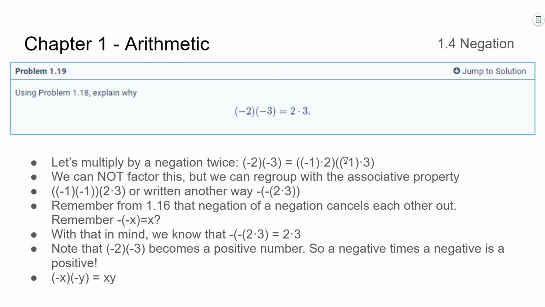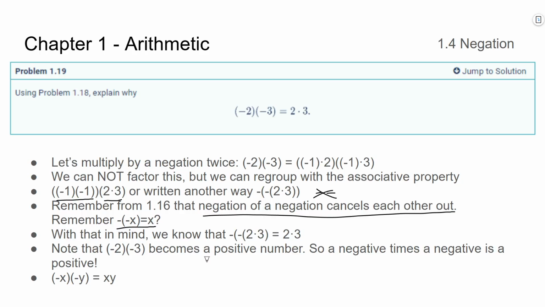So we can just rearrange this and put these -1s together, and we can put the 2 times 3 together. So we know that 2 times 3 is going to be 6. We know that -1 times -1 is the same thing as the negation of a negation, so that cancels out to be a positive. We did that before. Negation of negation cancels each other out. That's important.